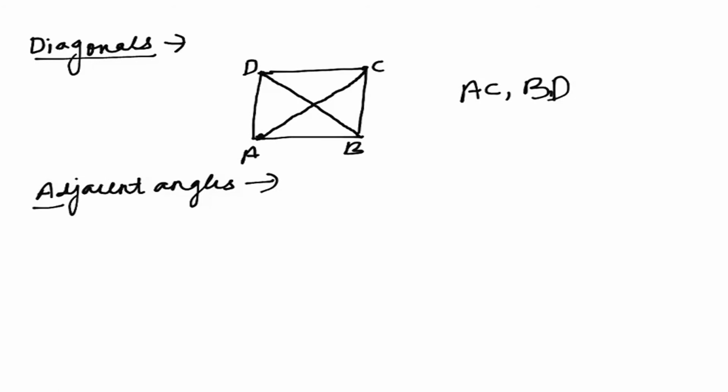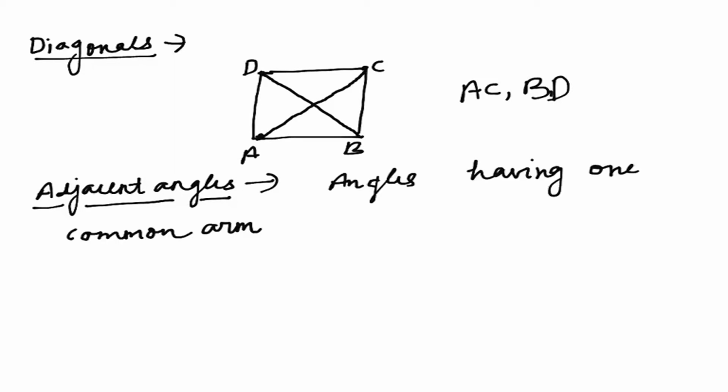Next we have adjacent angles. The angles that have at least one common side between them are known as adjacent angles. Here, if we see angle ABC, that is angle B, this is the angle between the arms BA and BC.